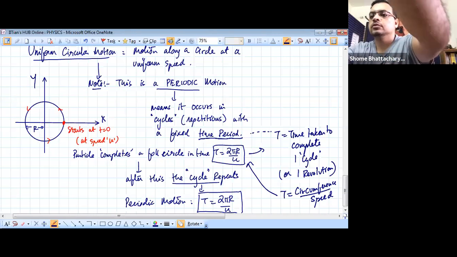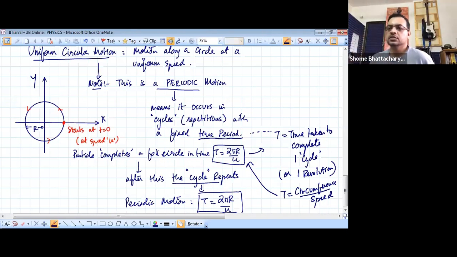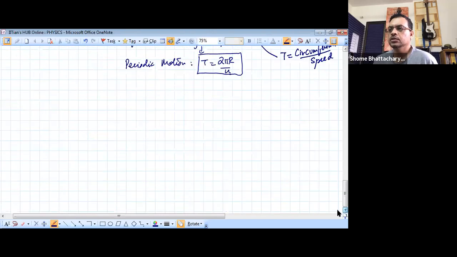Okay, so people, hope you have finished writing this down and this point is clear. Now let's do a numerical example of how we make use of this formula. The time period is 2 pi r upon u, or you can also say u is 2 pi r upon time period. Either way. So let's see an example.